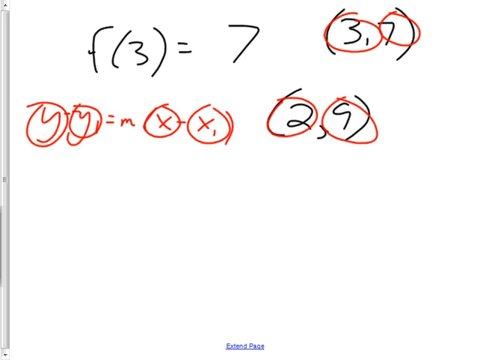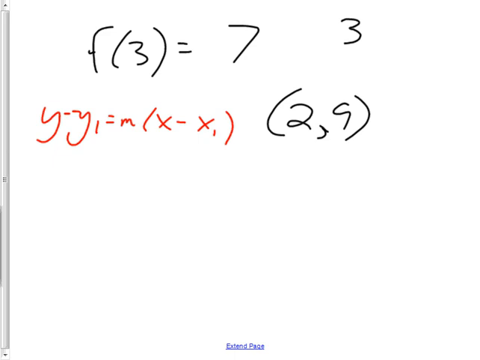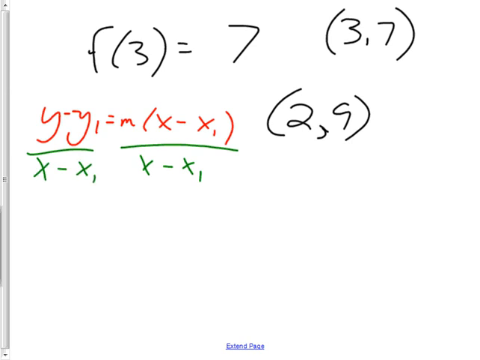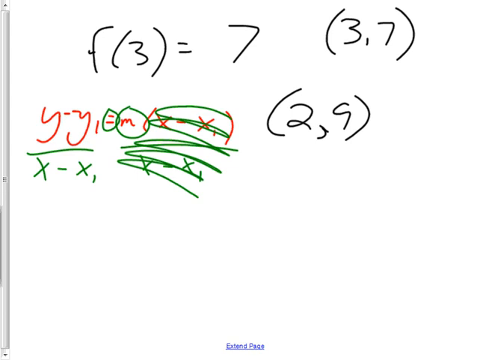It works. Let me show you why. Watch what happens when I divide this equation by x minus x sub 1 on both sides. Slope equals, there's your little formula for slope.